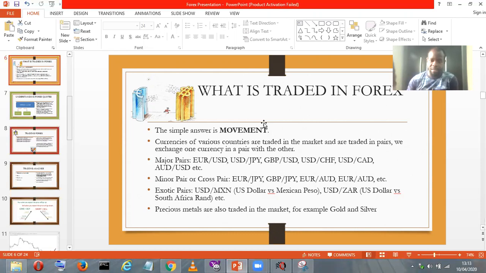Yesterday, OPEC had a meeting. Russia and Saudi Arabia agreed to cut down supply. So a lot of things happened following that OPEC meeting, which determined the price of oil. All of that movement is where you tend to make money by trading in the forex market.